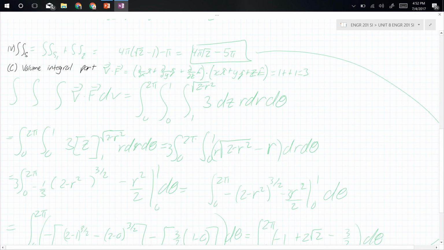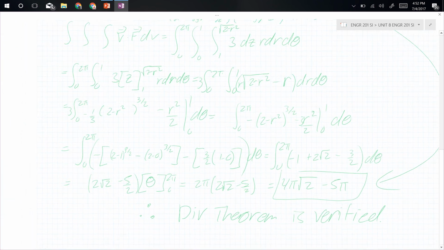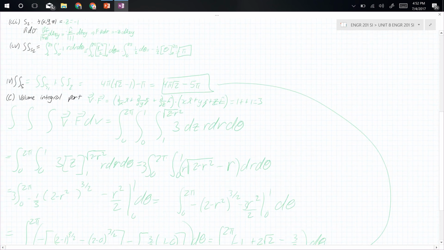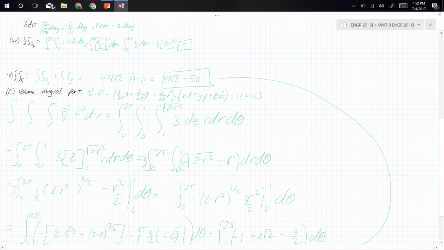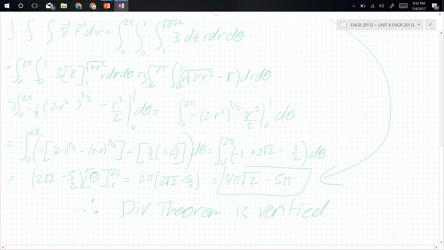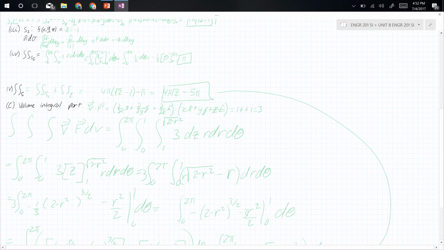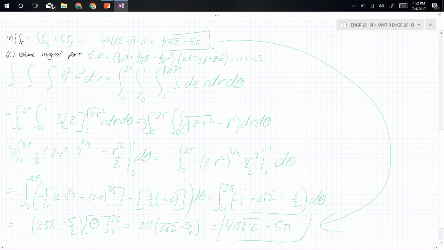But hopefully the second time around, when you try to do them, they make more sense and it's more doable to find a volume. And most likely you're going to have to do a verification problem anyways. So this will be one page of your test, if I haven't already said that. So definitely make sure that your answers are the same.